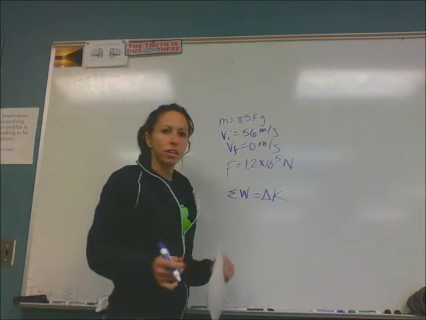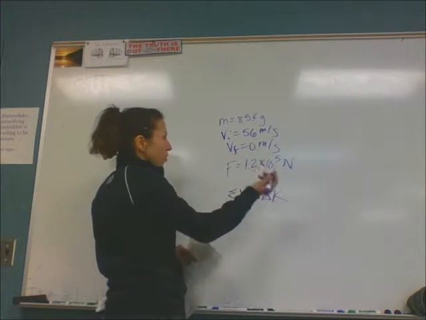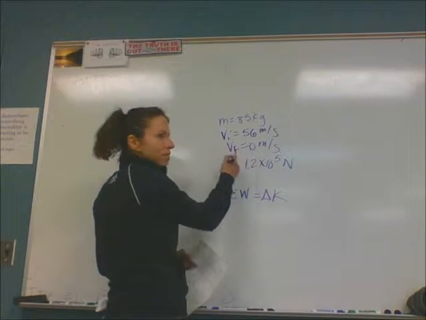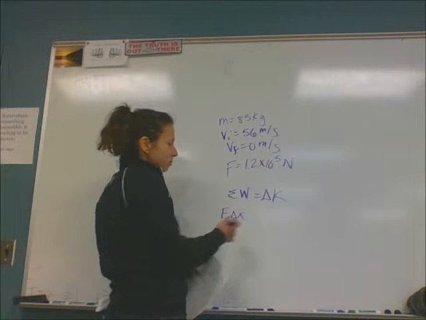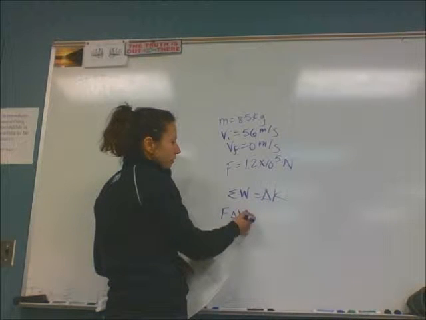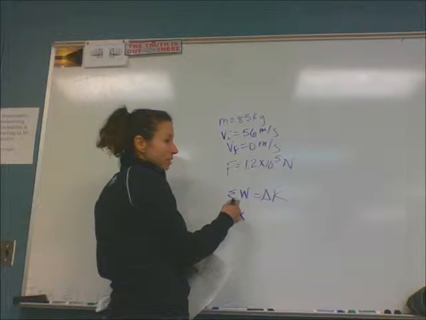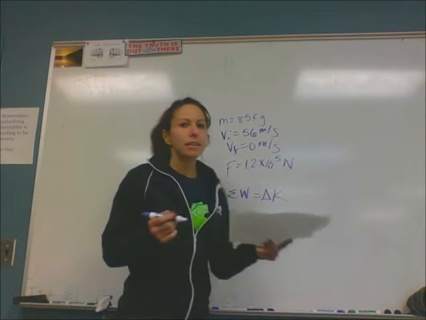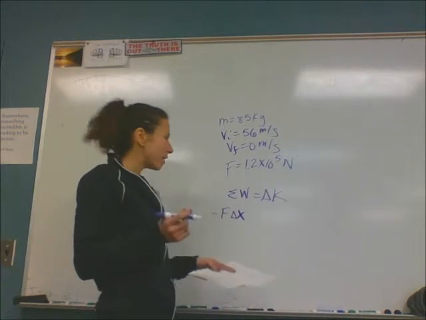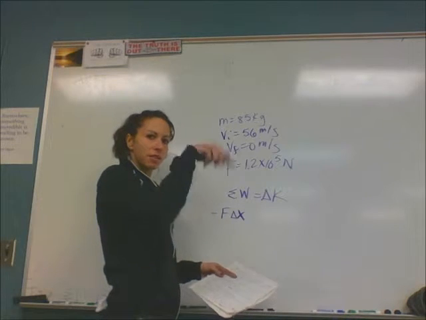And so the net work is going to be, you've got a constant force being applied over some distance, and the two things are just going to be multiplied with a negative because it's F delta x cosine of theta. The force from the snow is up, the displacement is down, so theta is 180, and cosine of 180 is negative 1.